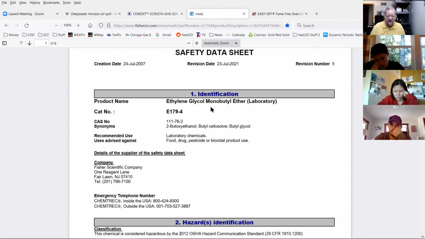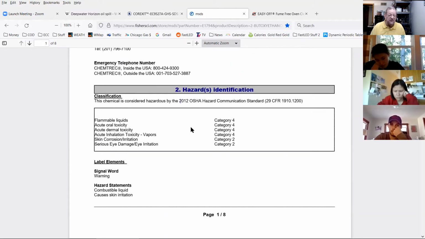Well, you can go to Google and look up 2-butoxyethanol. Here's the trade name or common name. It's also 2-butoxyethanol, the IUPAC name. And you'll see this stuff is nasty, dangerous.